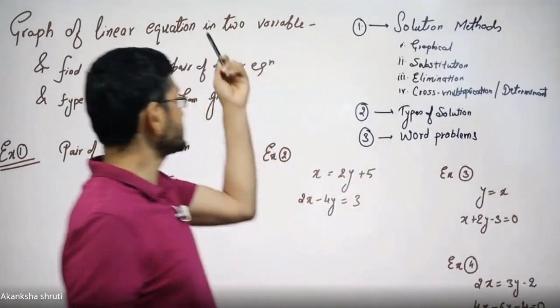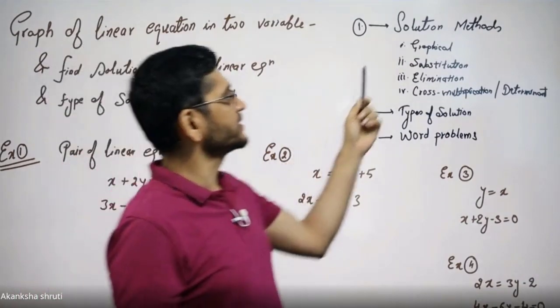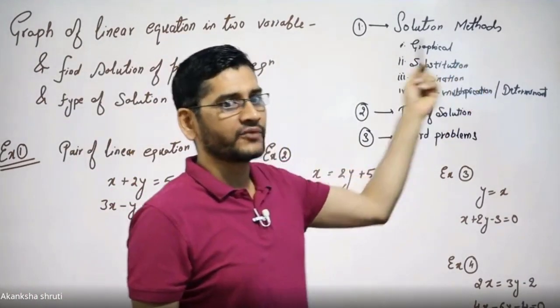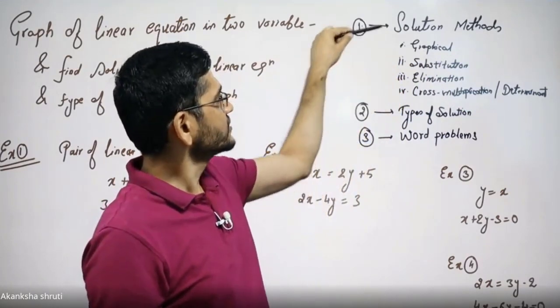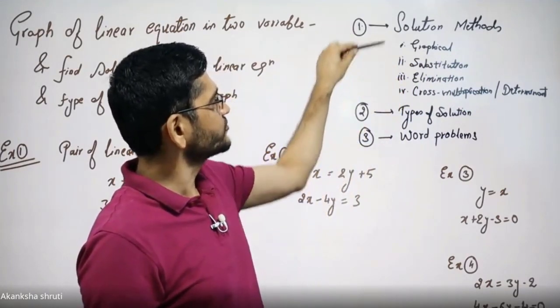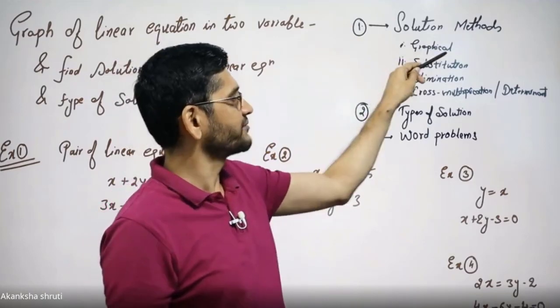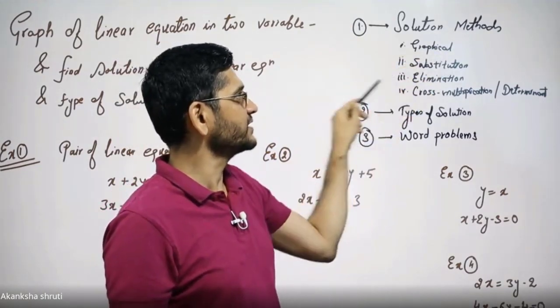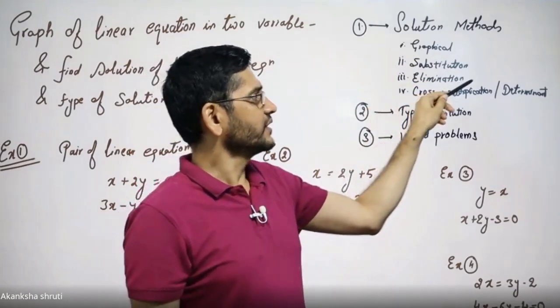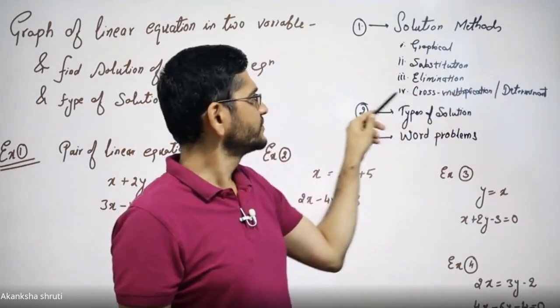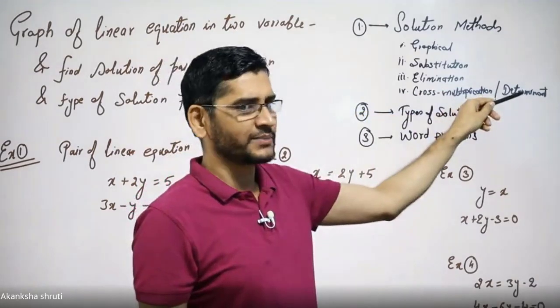This is one of the methods of finding the solution of a pair of linear equations, because the solution can be determined by these four methods. The first one is the graphical method, another is the substitution method, another is elimination by equating coefficients, and the fourth one is the cross multiplication method.